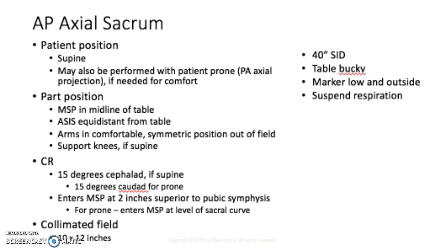You're centering midline, and you're going to put your central ray 15 degrees cephalad if the patient is supine, and 15 degrees caudad if the patient's prone. You want to have the CR 2 inches superior to the pubic symphysis at the midline. 40-inch SID, table bucky, your marker is going to be low and to the outside, and you need to have the patient hold their breath.